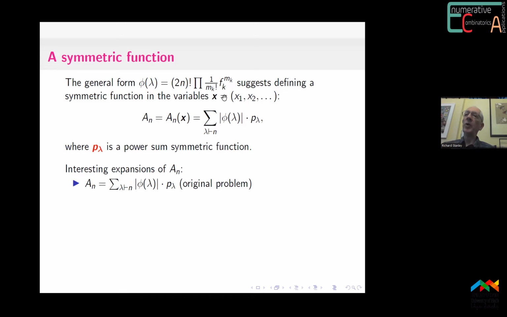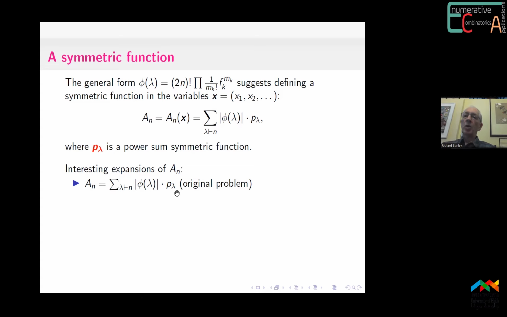I'm working in the variables x_1, x_2, etc., infinitely many variables. So we'll form this symmetric function A_n as a generating function for the absolute values of the phi lambdas. I'm going to discuss various expansions of A_n in terms of standard bases for the symmetric functions.